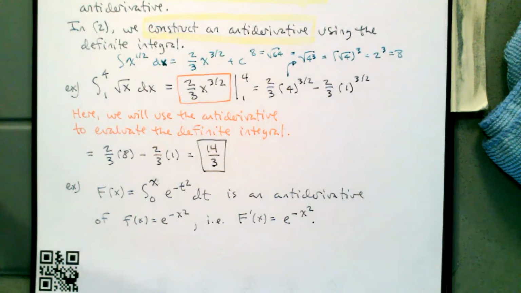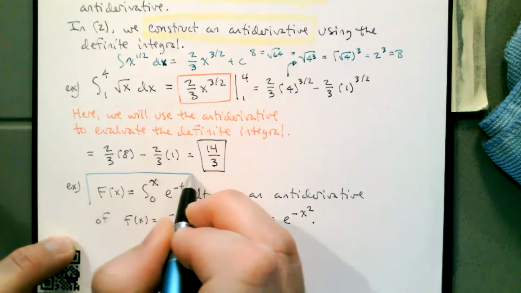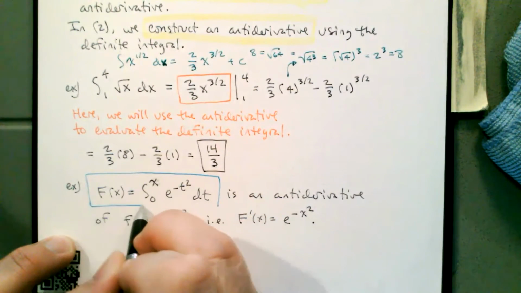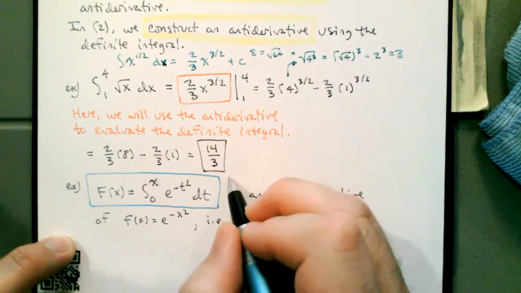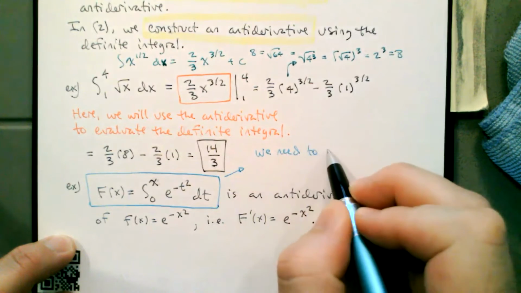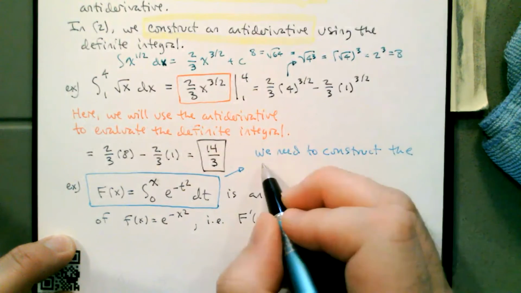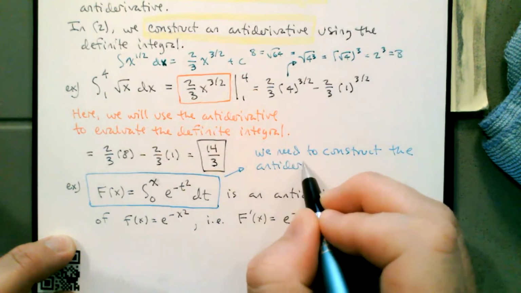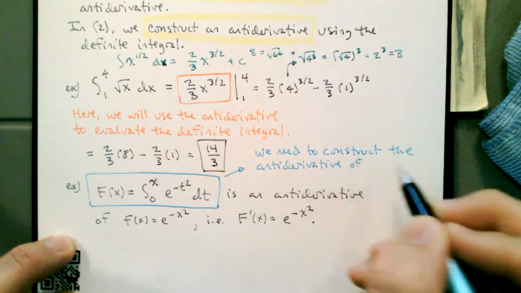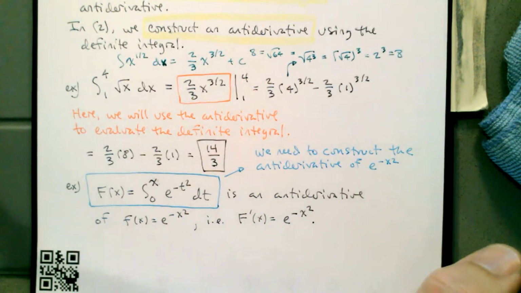So the reason that we would want to do such a crazy thing is that we need to construct the antiderivative of e to the minus x squared, because e to the minus x squared does not have what I call a nice antiderivative.